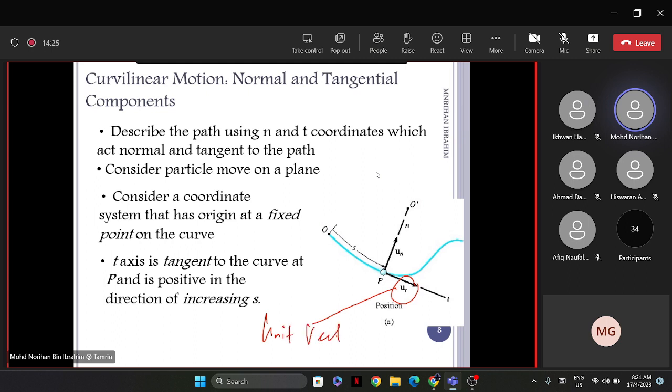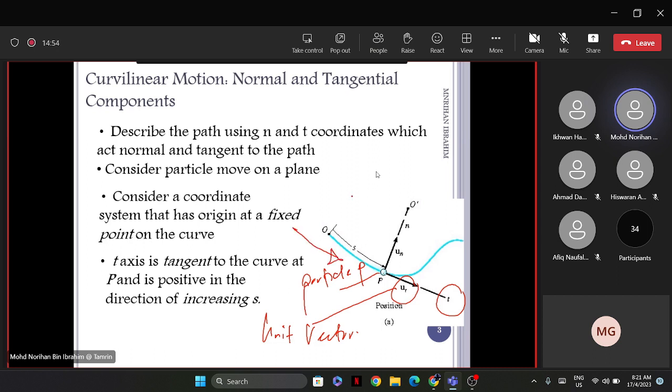This T axis is tangent to the curve. So we have this curve, and it's always tangent to the curve at P, where we have this particle P. It is positive in the direction of increasing s. So it moves in this direction of motion, so it is positive in this direction.